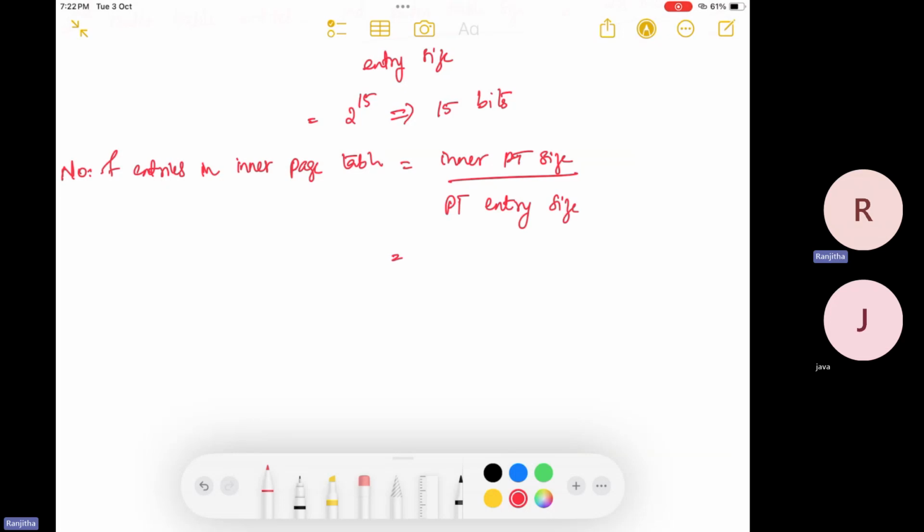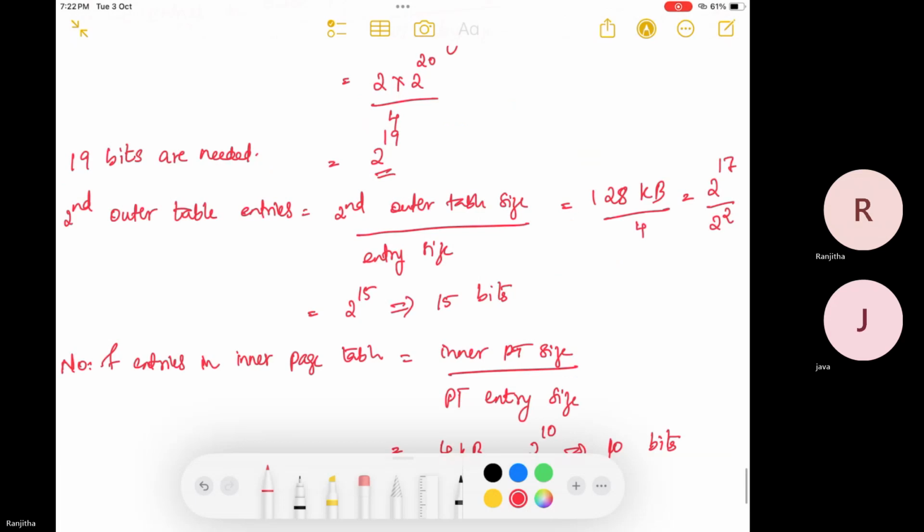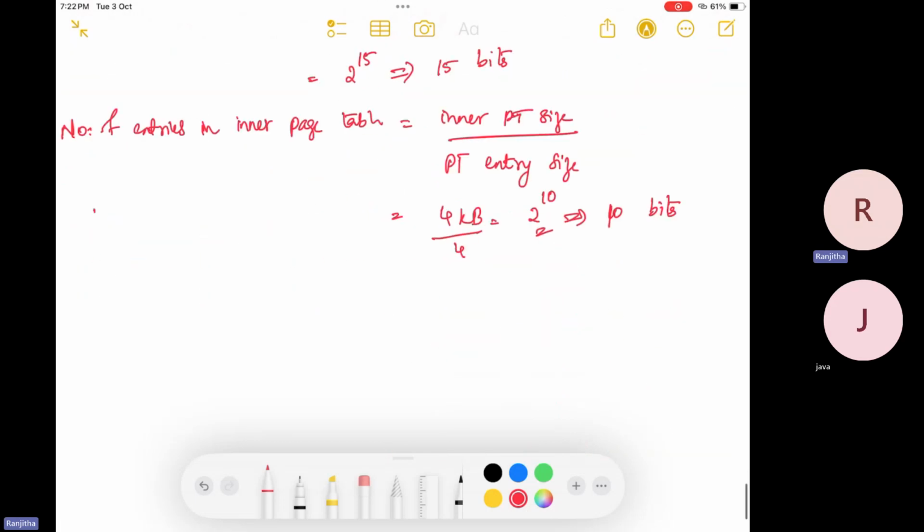So inner page table size is 4 KB by 4, which is 1 KB, which is 2 power 10, which implies 10 bits. So for outer, we need 19 plus 15 plus 10.